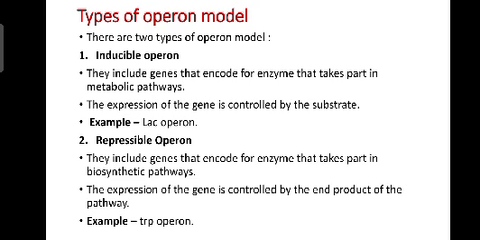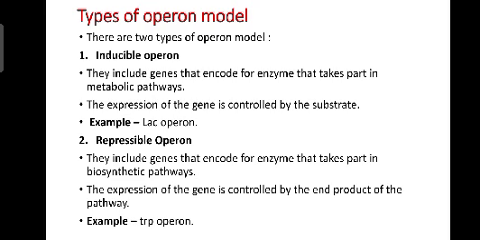Now let us discuss the types of operon model. There are two types of operon model. Number one is inducible operon and number two is repressible operon. Number one, inducible operon. They include genes that encode for enzymes that take part in metabolic pathways. The expression of the gene is controlled by the substrate, and their example is lac operon, which we are going to study further.